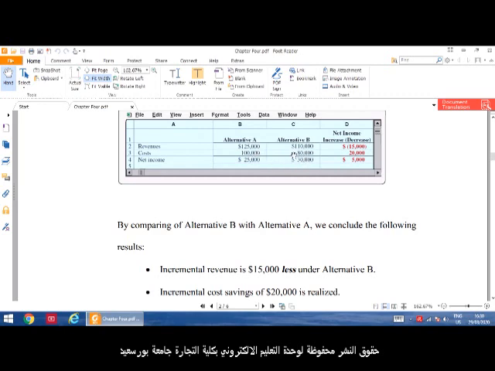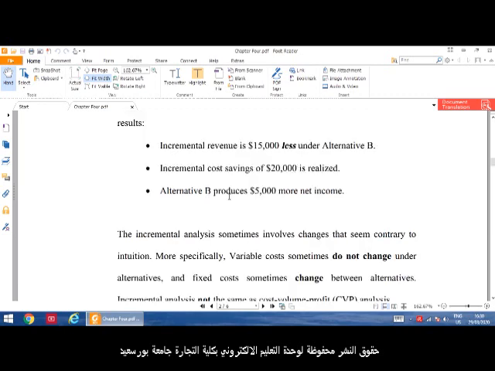Incremental revenue is $15,000 less under alternative B. However, incremental cost savings of $20,000 is realized under alternative B. So net income under alternative A is $25,000, under alternative B, $30,000. So alternative B produces $5,000 more net income.